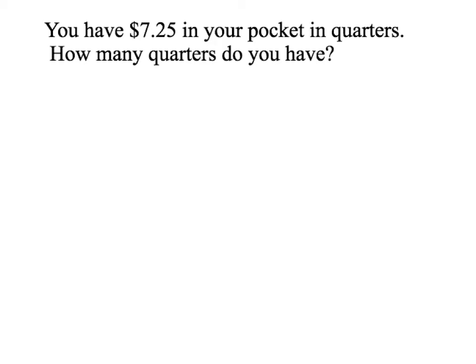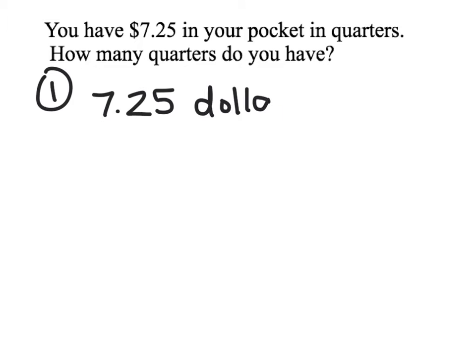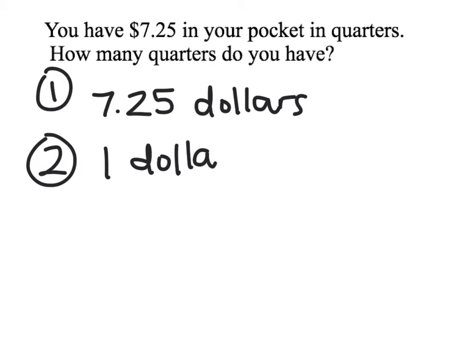So this problem says you have $7.25 in your pocket in quarters. How many quarters do you have? Well, step number 1 says to write the number and unit you are given in the problem. So 7.25, and I'm going to write dollars out instead of leaving it in the symbol. Step number 2 says to find your conversion factor. Well, in every $1, there are 4 quarters.